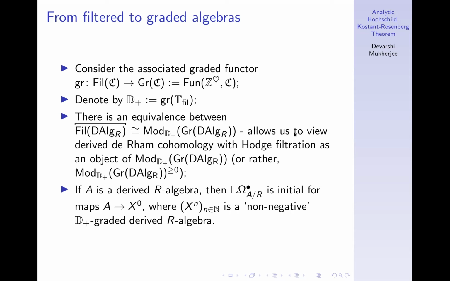You lose information, but even if you complete, unless the completion is somehow split in a sense. So how does this work, that the completed filtered objects are the same as graded objects? That sounds counterintuitive. How would you explain this?